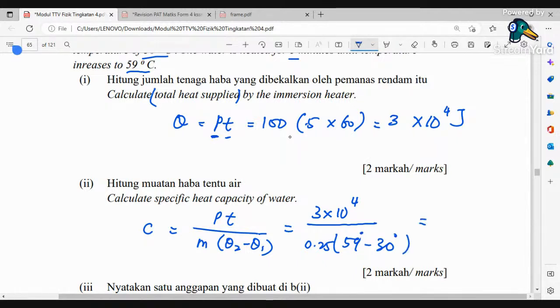Okay, so when you calculate for C, you will get 4138 J per kg per degree. Okay, the theory value is 4200. So it means our answer is close. Okay, 2 marks.